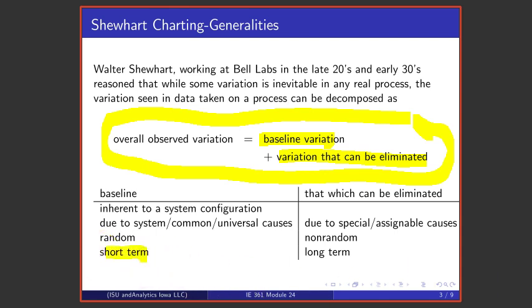The second kind of variation is variation that is potentially eliminated, and that variation might be due not to common or universal causes, but particular or special causes that have to do with particular or special circumstances. One might think of them then as non-random variation or long-term variation.